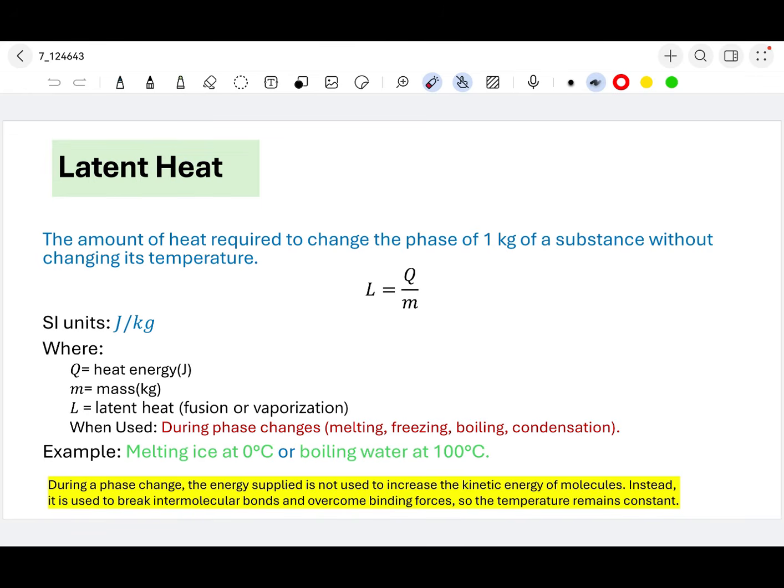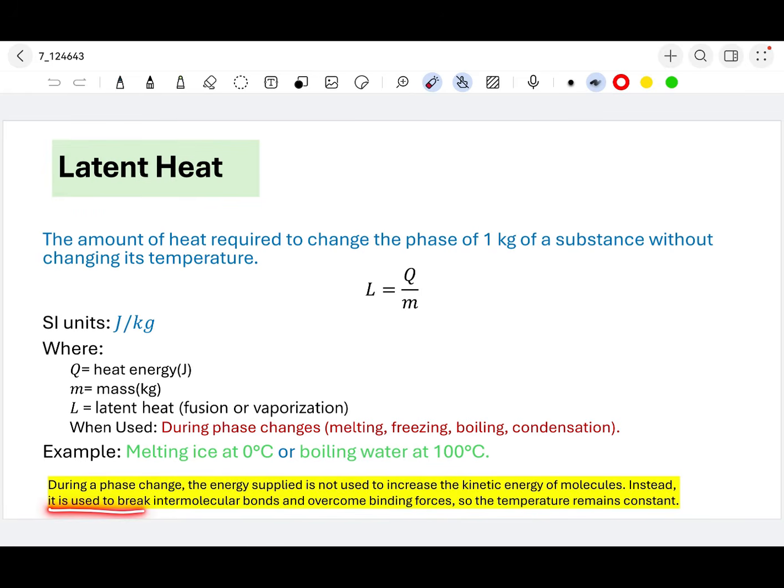Examples where we use it during a phase change: suppose you take the melting of ice at 0 degrees, the ice will melt here. Similarly, boiling of water, water starts boiling at 100 degrees Celsius. So during this phase change we use the concept of latent heat. During a phase change the energy supplied is not used to increase the kinetic energy of the molecules.